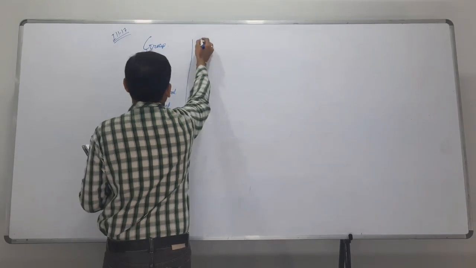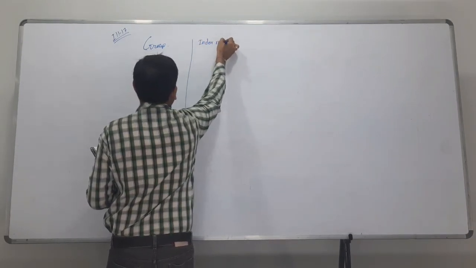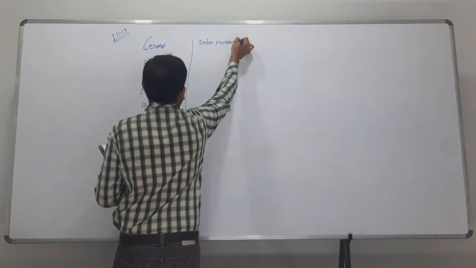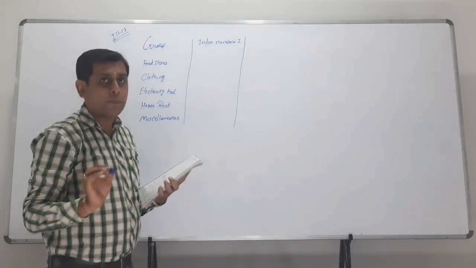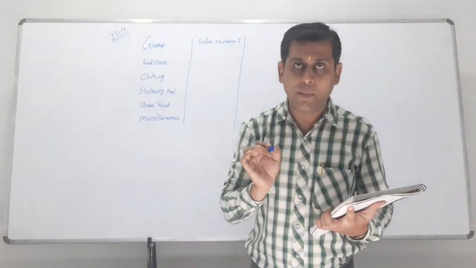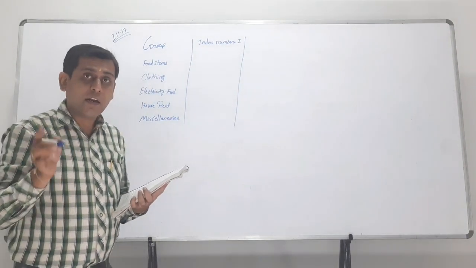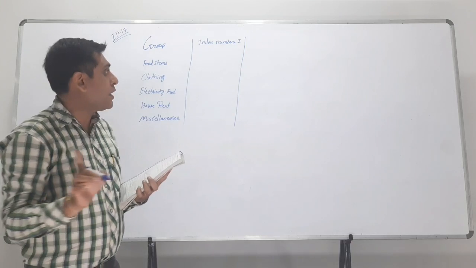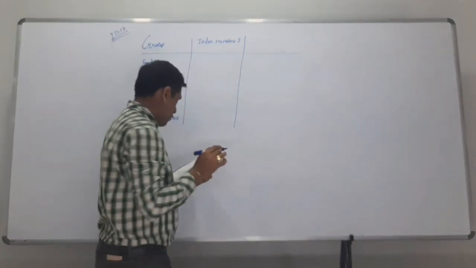Now the index number is given, that is I is already given. See, it is very simple sum because we have to find out the index number by family budget method, and for that we want I and W, and in the question it is already given, that is group, then index number and then weight.